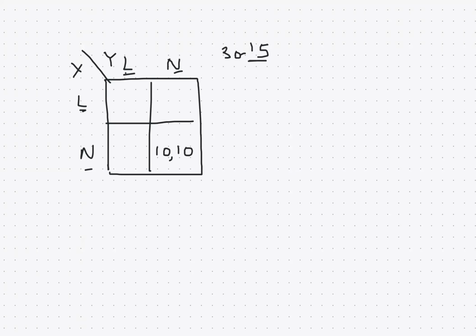So 30 minus 15 is 15, all right? And if firm X lobbies and firm Y does not lobby, then the government makes a decision that favors firm X, yielding, let's say, $40 to firm X. So X's payoff in this case would be 40 minus 15.